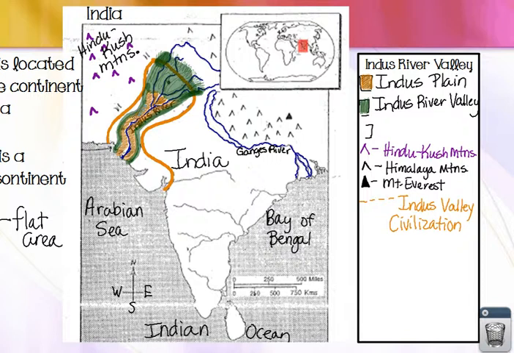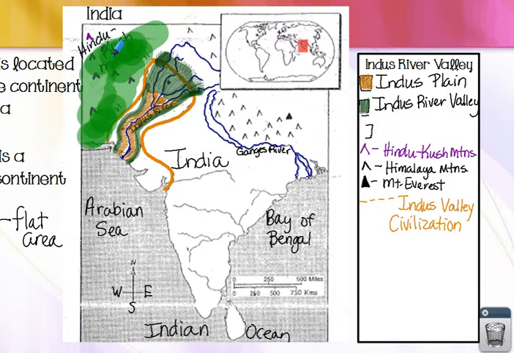Now, while you have your green, you might as well just go ahead and do this. We're going to shade all of India in a lighter green. Okay, can you tell how that's lighter? Alright, so all of this is going to be a lighter green.